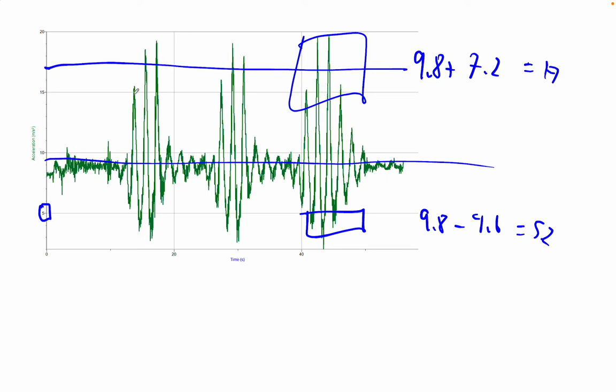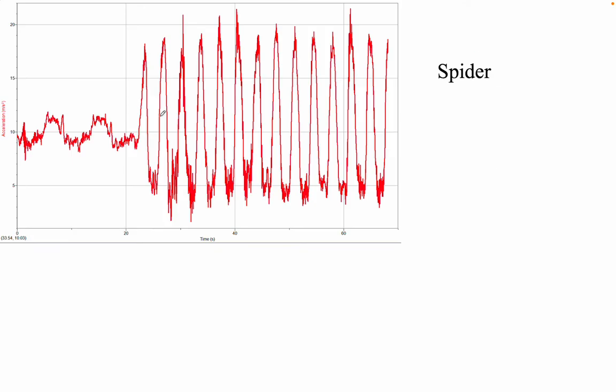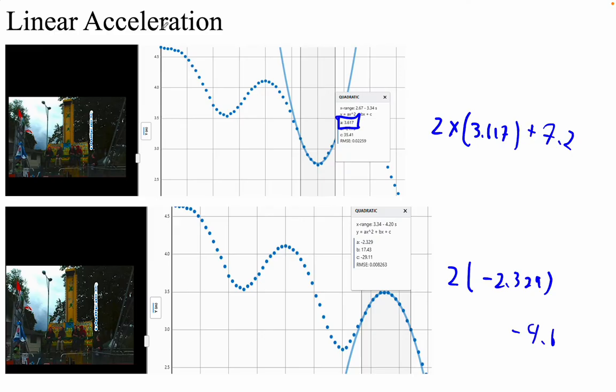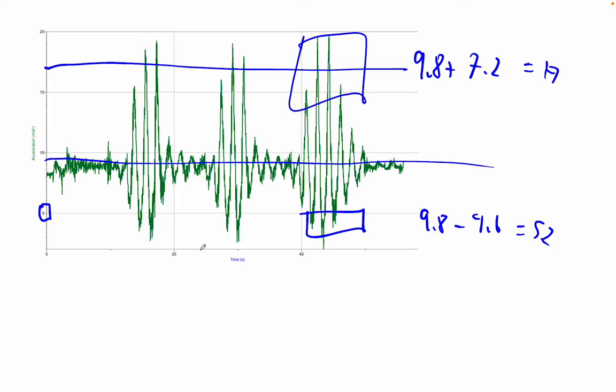Keep in mind that there's a range of accelerations. The first one's not so big, the next one's bigger, the next one's really big, and I don't know which one you look at. Anyway, that's how you do that.